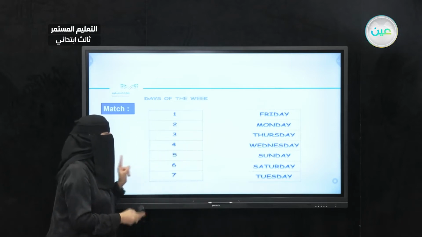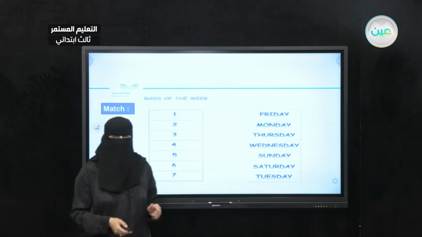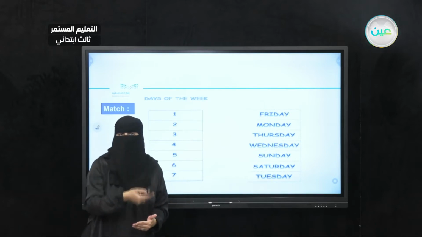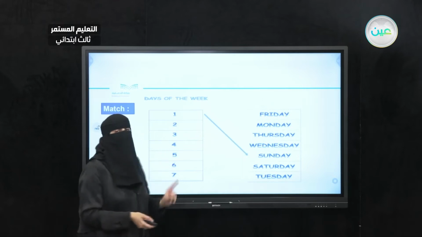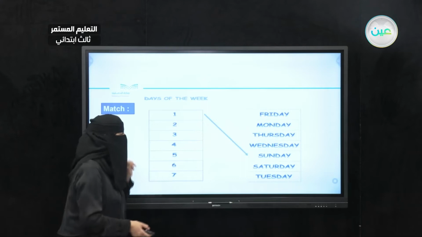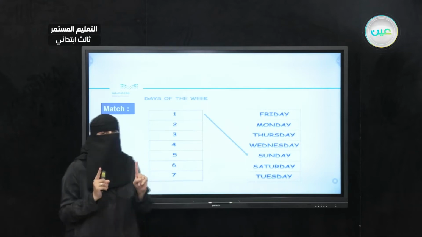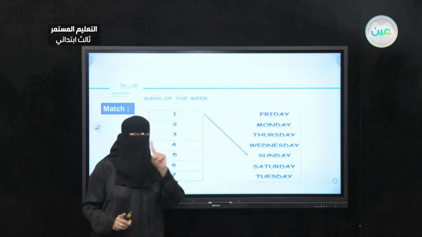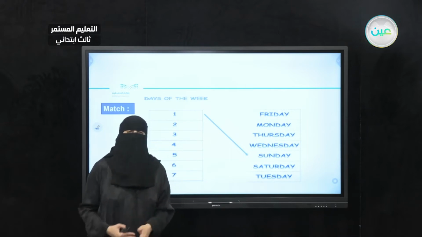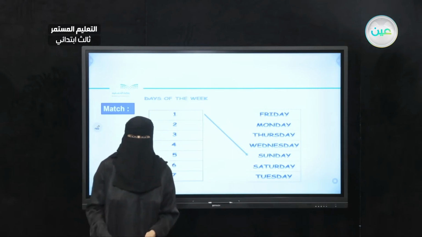Starting with the first day of the week, the day that we start our work or go to school is Sunday. So Sunday is the first day. Now notice that I use the word first, not one, because we will talk about something called ordinal numbers.